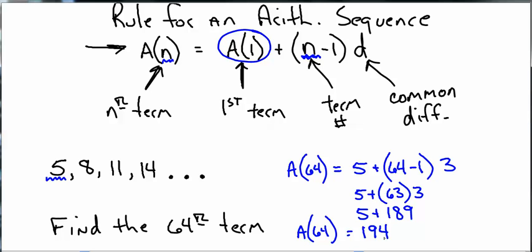Really, the 64th. But you're only going up by 3. Look how much higher it goes if these are going up by 4. Now you're multiplying 63 times 4, and it'll be up there. Any questions there?